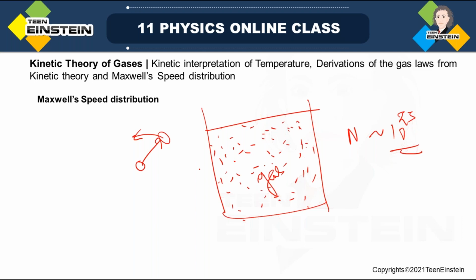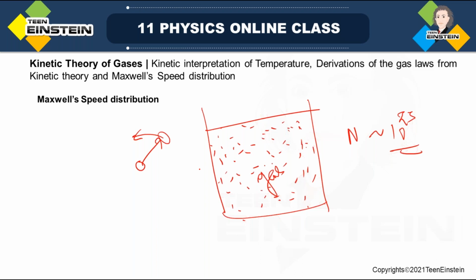So when there is a collision between different molecules, obviously it always happens. That's why there will be a distribution of velocities, a wide range of velocities of the molecules.